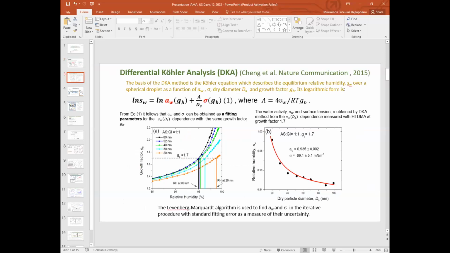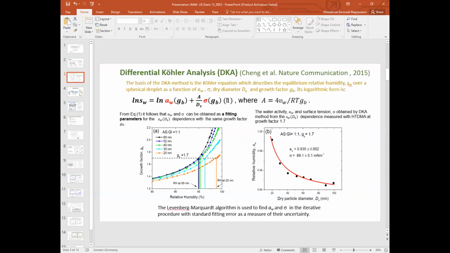But a few years ago, Chang and co-authors suggested a new approach to calculate thermodynamic properties of aerosol particles below 100 nanometers, where the Kelvin term becomes very important. They suggested this very simple logarithmic form of the Köhler model.